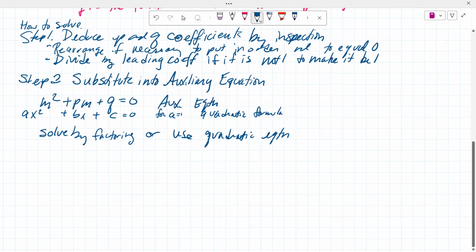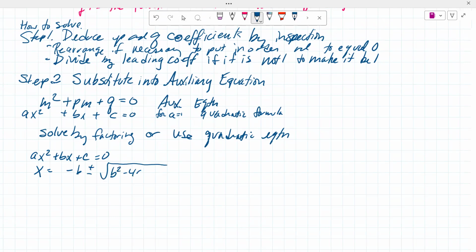So remember, we have ax squared plus bx plus c equals 0. And we have, then in this case, we're solving for x equals, remember this one? Negative b plus or minus square root of b squared minus 4ac all over 2a, and this is the generic form.